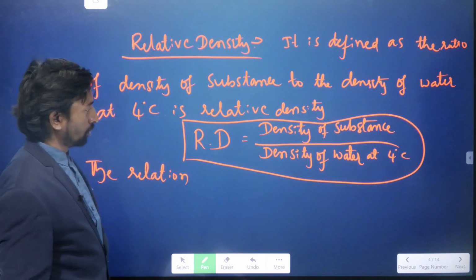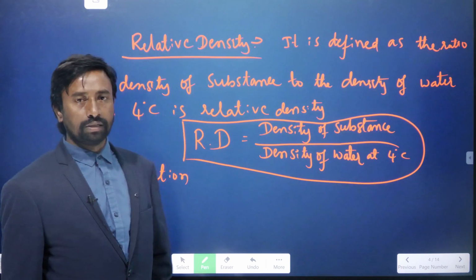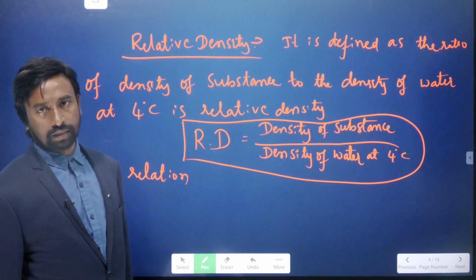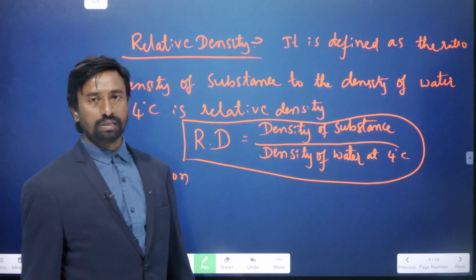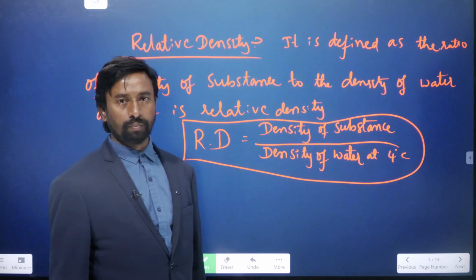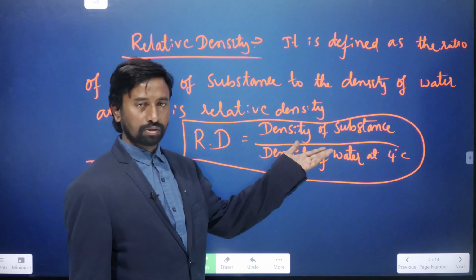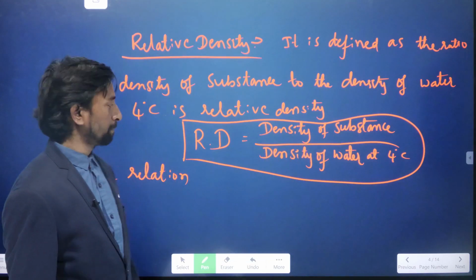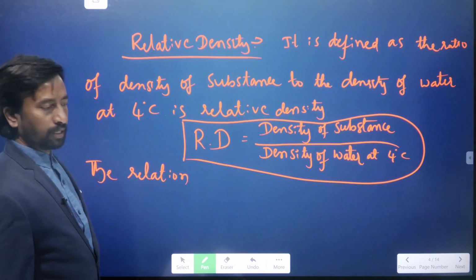One more thing we need to remember is that relative density is a dimensionless and unitless physical quantity, because it is a comparison of the densities of two different substances. The SI units cancel, so there are no units and no dimension formula.